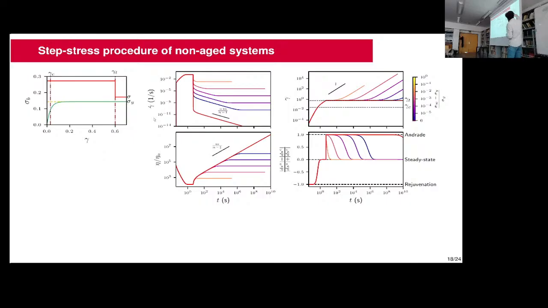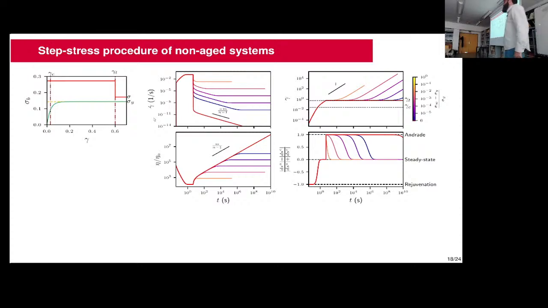And you can look at the state of the system in a weird way here by looking at the balance between the arrest and the cage escape term in the balance equation. The value of this balance tells you if you are in steady state, where both terms are equal and opposite, or in the Andrade creep, where only the effect of the heterogeneous dynamics is stopping some particles. In this case, it's dominated by Andrade creep.